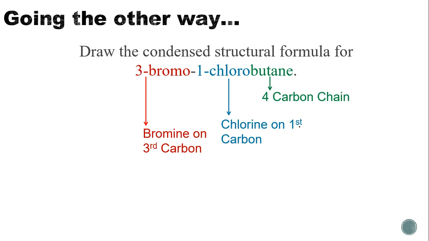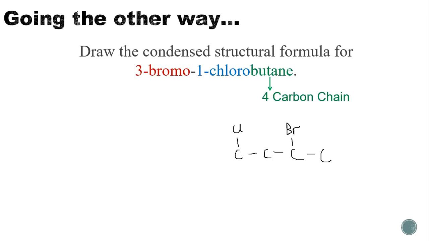Now we have to put in our hydrogens. So anywhere that carbon still needs to make a bond, we're going to put a hydrogen in. So looking at this first carbon, it's made 1, 2 bonds. So it's going to have 3 and 4. It's going to have 2 hydrogens because remember it wants to make 4 bonds.